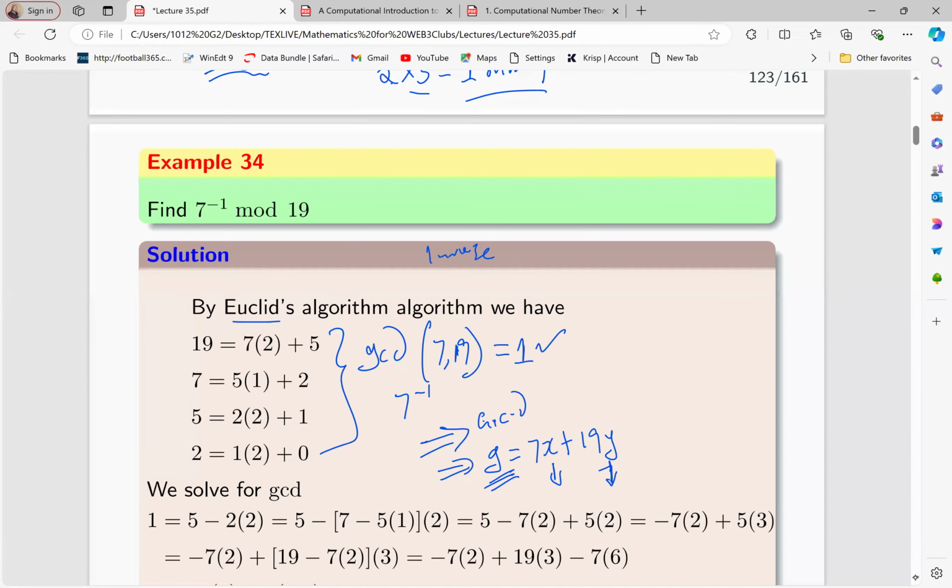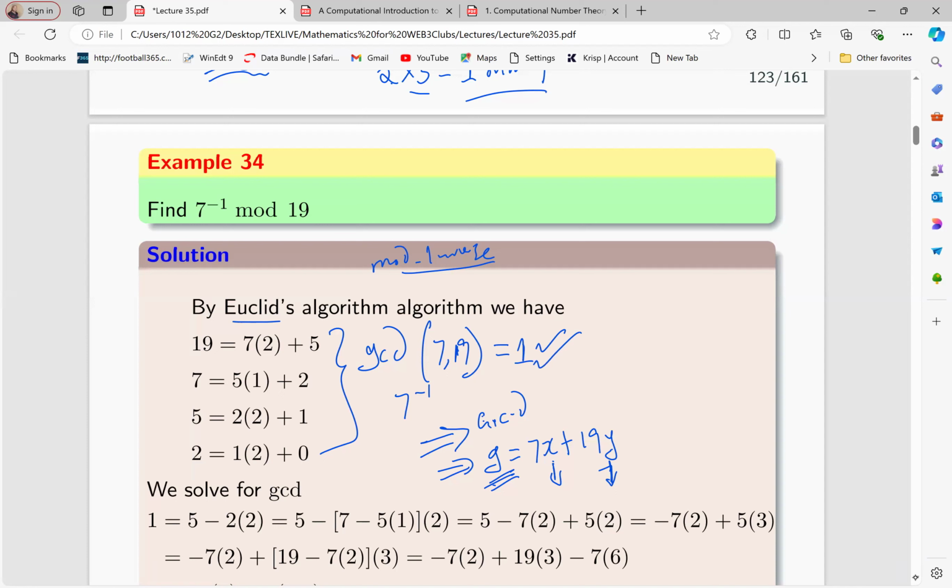After finding the GCD and obtaining the values x and y, you must then have a function for the inverse, mod inverse. What this function will be doing, first of all, is to check whether the GCD is 1.